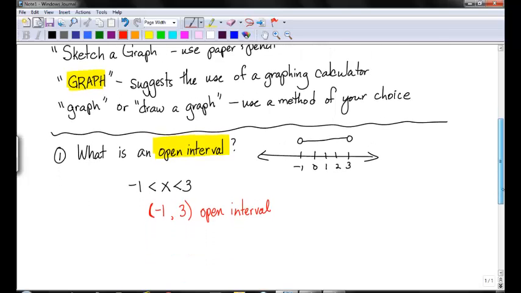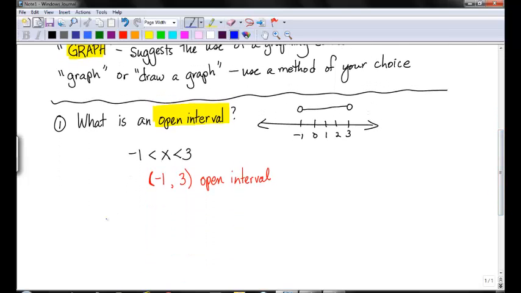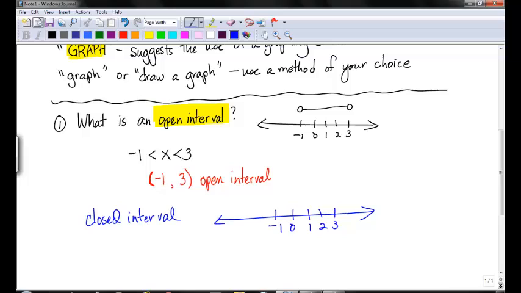Okay, so if we change this up a little bit and I say I want a closed interval. On the graph, let's go from -1 to 3. What am I going to do to change it on the graph to make it closed?